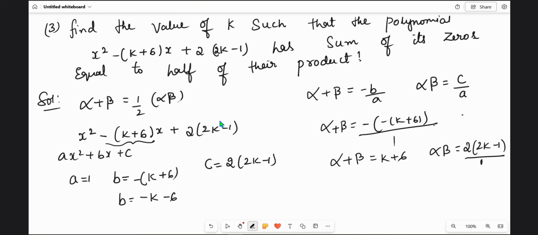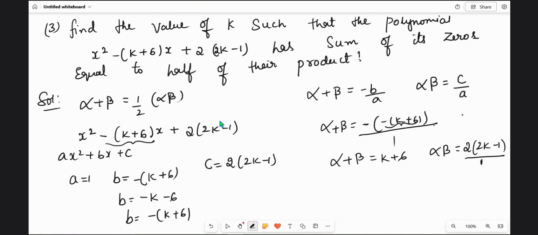See, minus is outside, so minus is for both. We have taken common. Here it is minus b by a. So this is minus and b itself is minus k minus 6. If you take common, what will you get? k plus 6. It's the same thing you will get. Okay. So alpha plus beta is k plus 6. Alpha into beta is 2 into (2k minus 1).